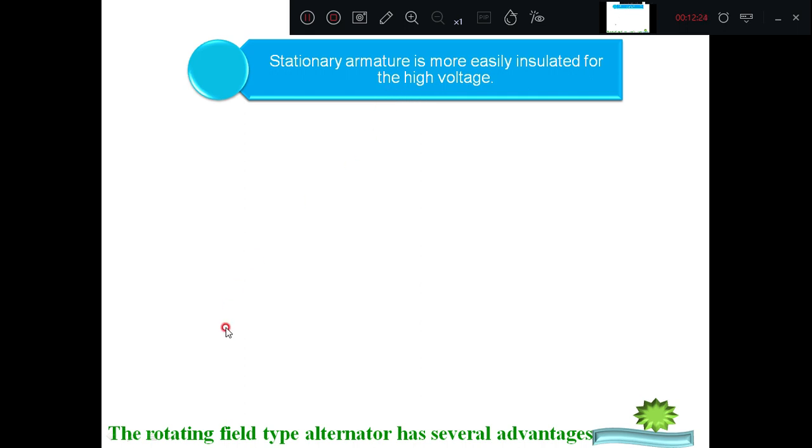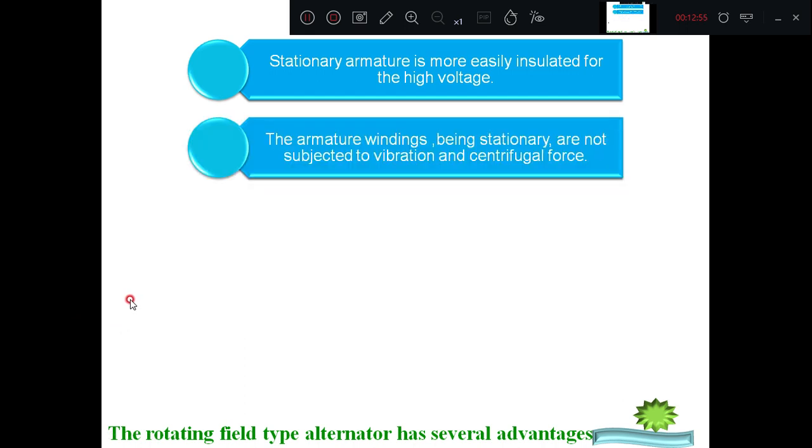That is, to produce more electricity, you have to make use of a larger number of conductors and generate more electricity. For that, these conductors are insulated from each other. It is also generating very high voltage. If they are kept in the stationary part, it has an advantage over rotating. That is, the stationary armature is more easily insulated for high voltage.